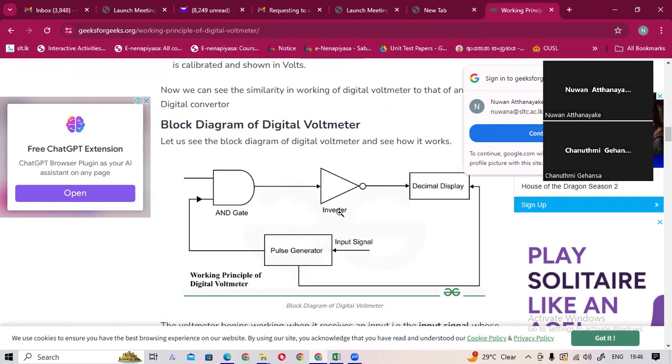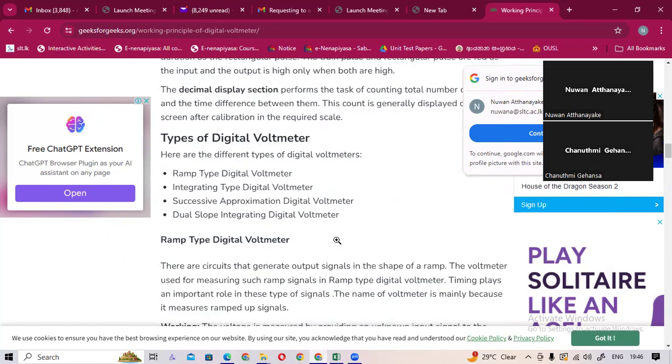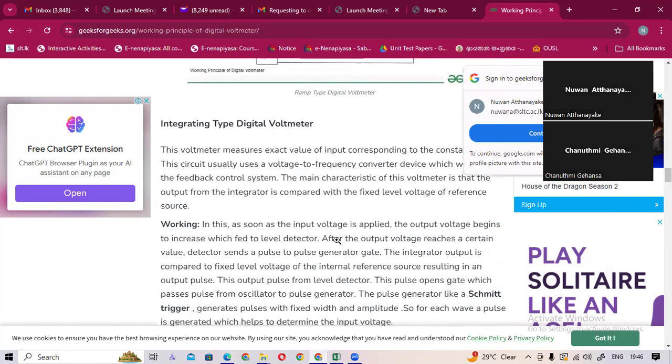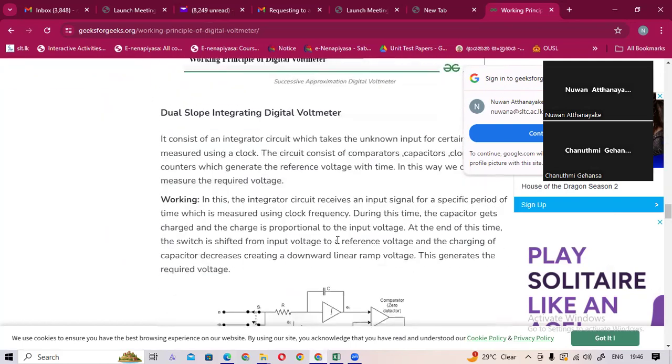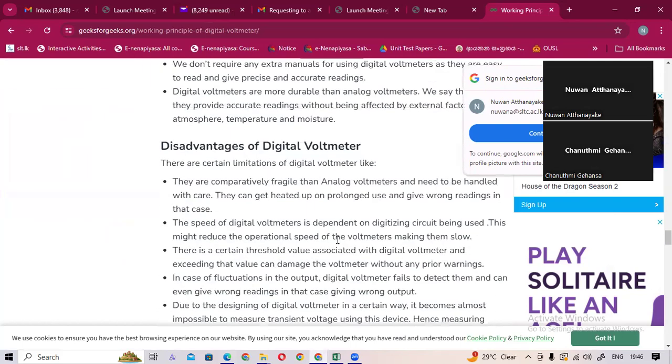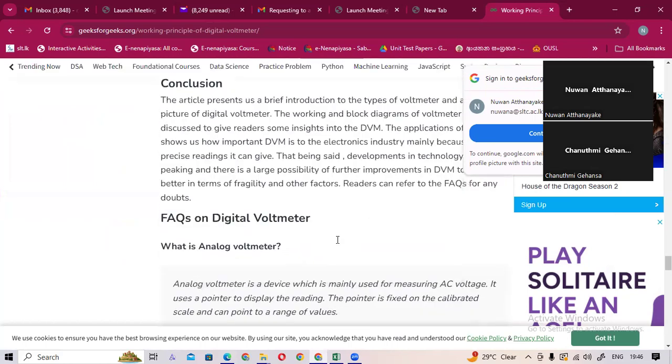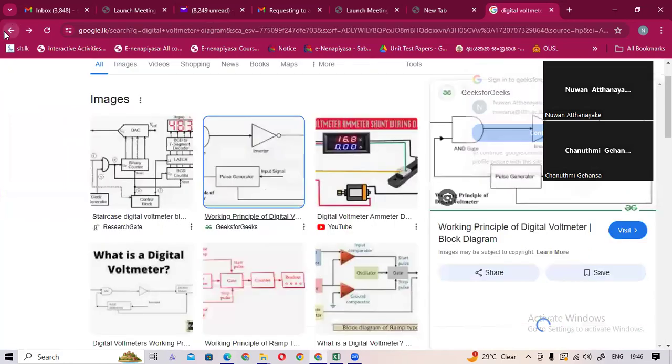Okay. There is a display. Okay. And the generator and gate. Okay. I think this one.